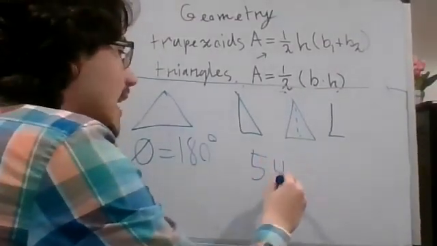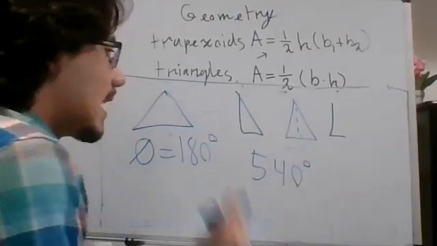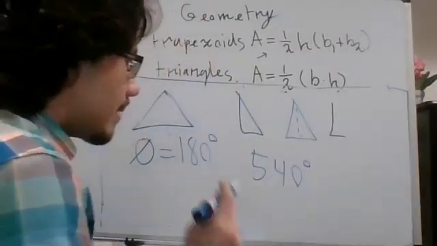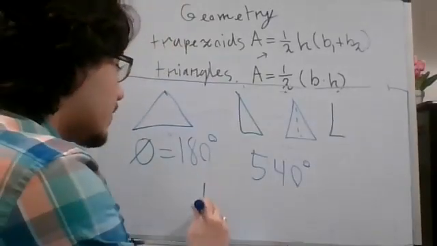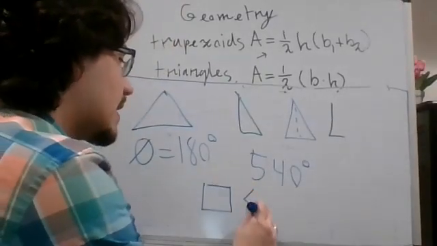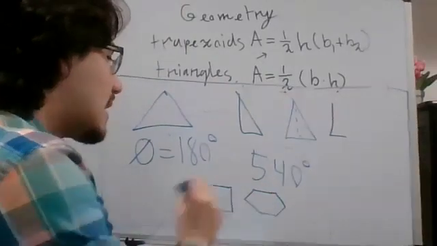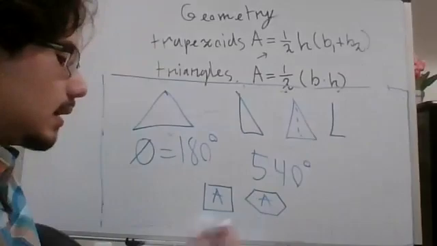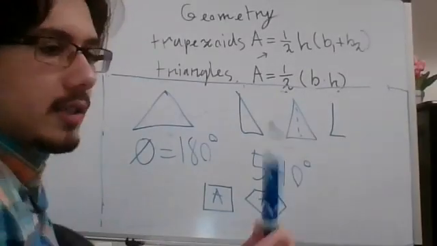What the total angle means, however, is something different. Because if you were to have a square and a hexagon, for instance, and they had the same total area, how could they be different?